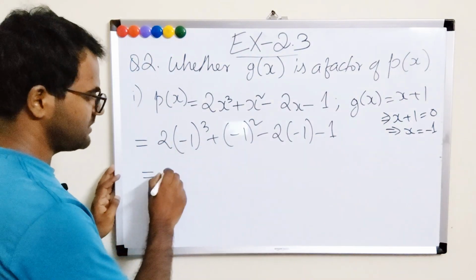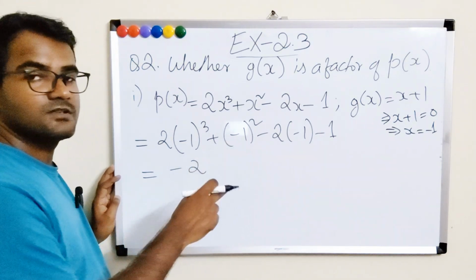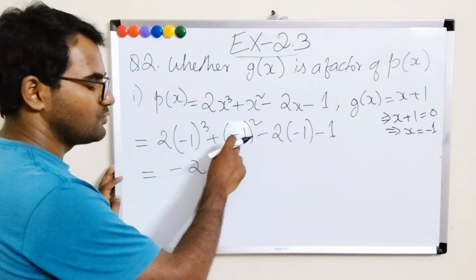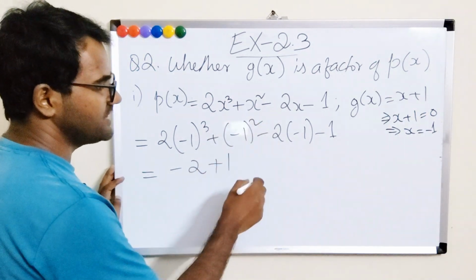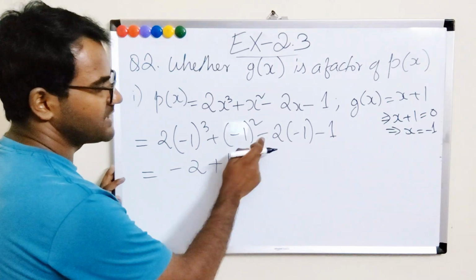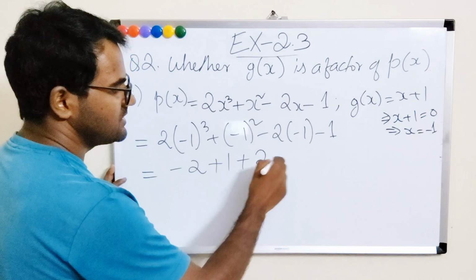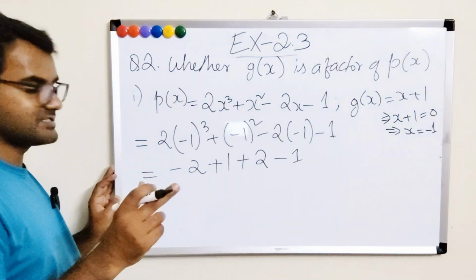So minus 1 into 2 is minus 2, all right? Now here, minus into minus is plus, so 1 square will be 1 only, so it will be plus 1, right? Then here you have minus into minus is plus, then you have 2 into 1 is 2, then again here minus 1, right? I hope it's clear, you're understanding.